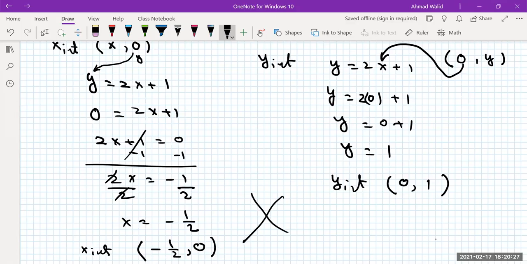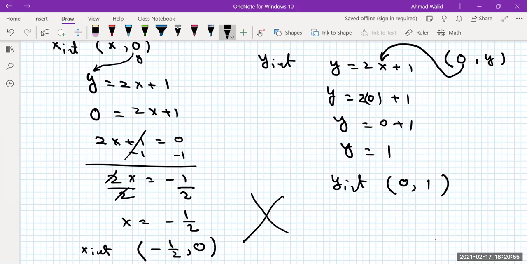Maybe I don't ask you right now to find these, but I did an example. After I teach you how to solve a linear equation, when we move to functions and talk about linear functions, there we discuss again how to find the x-intercept and y-intercept, not only for linear functions, but for quadratic, cubic, and other functions.